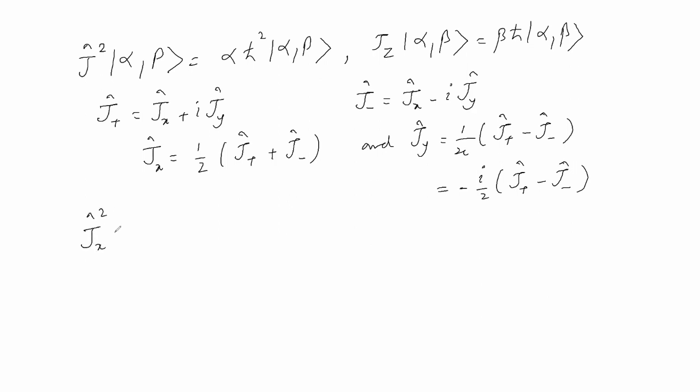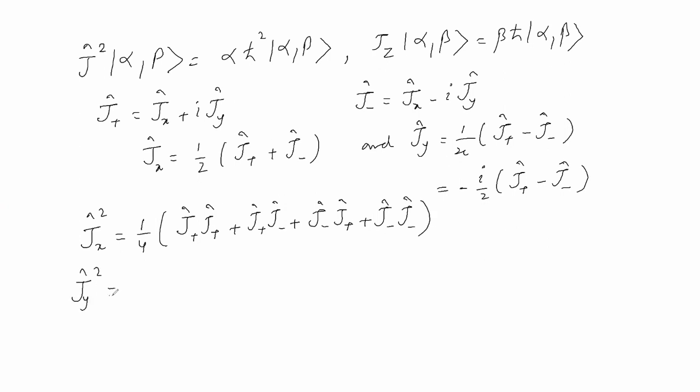Such that if I write Jx square, this will be the square of this quantity, and since these are operators, this will be one fourth of J plus J plus, plus J plus J minus, plus J minus J plus, plus J minus J minus.